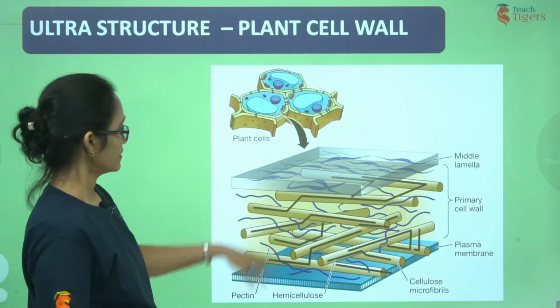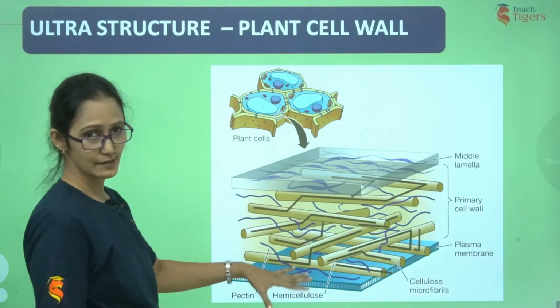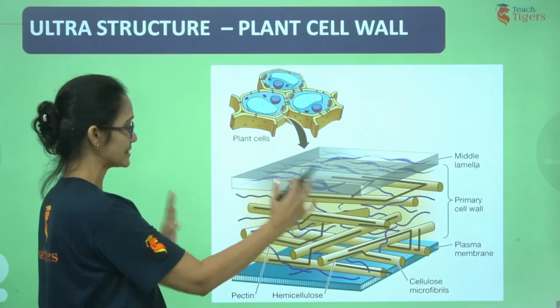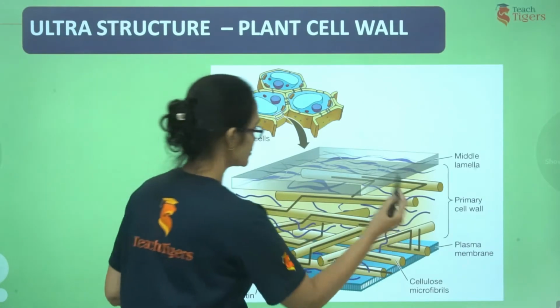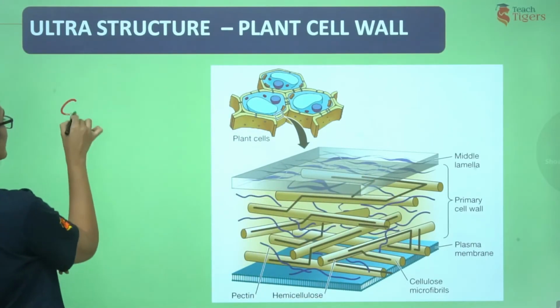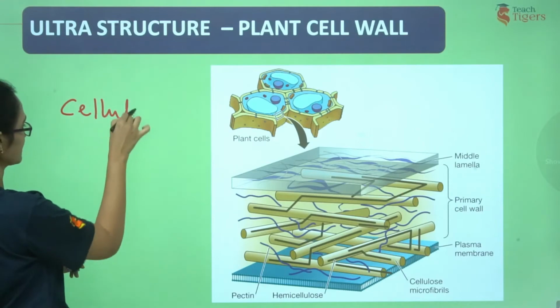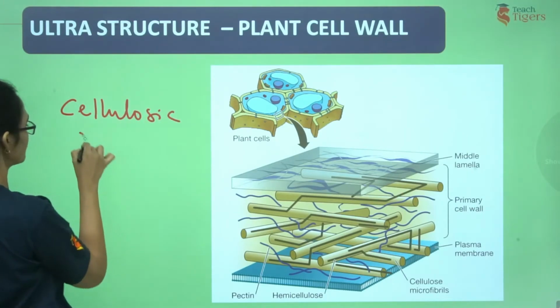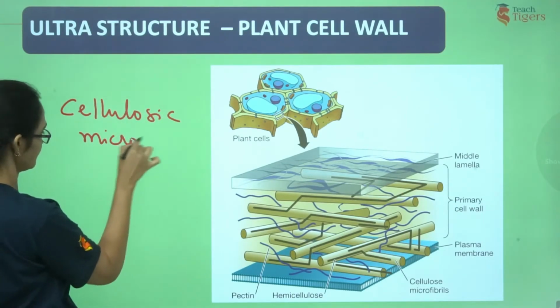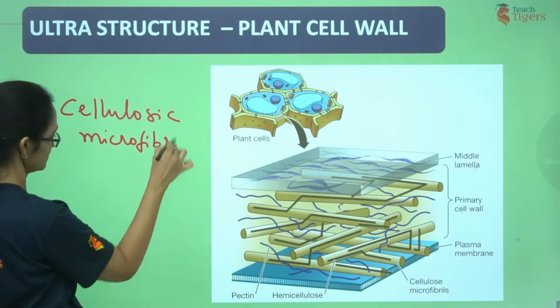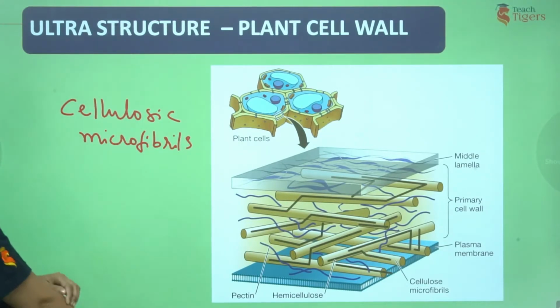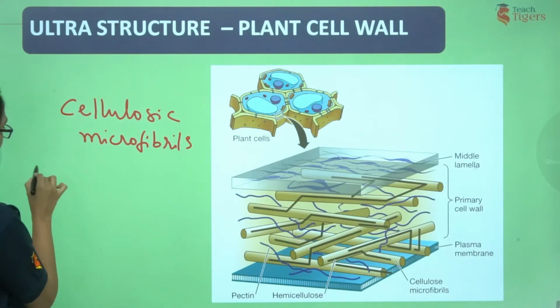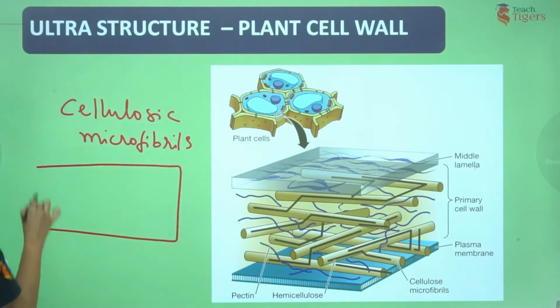So this is the ultrastructure of the plant cell wall. In your plant cell wall, cellulose is essentially found in the form of cellulosic microfibrils. Now, if you look at the ultrastructure of a plant cell wall, you have the background as pectin.